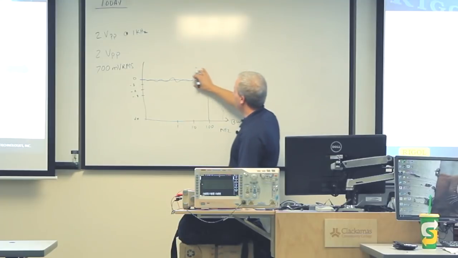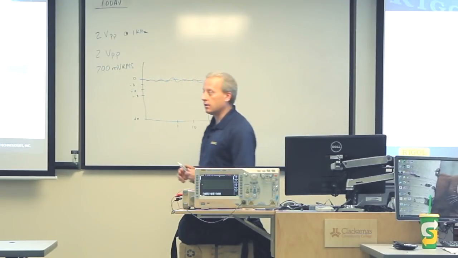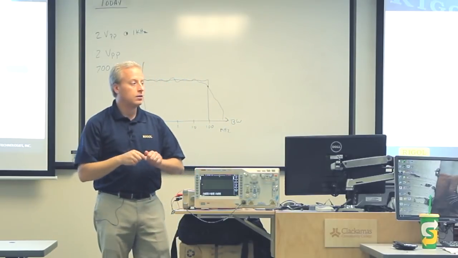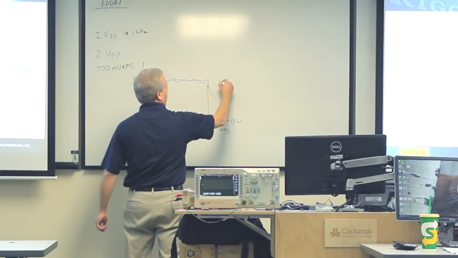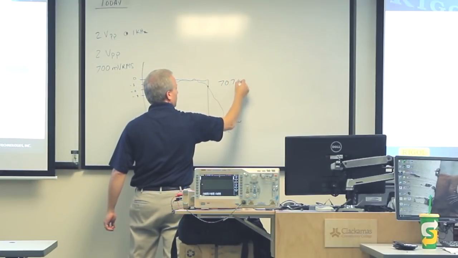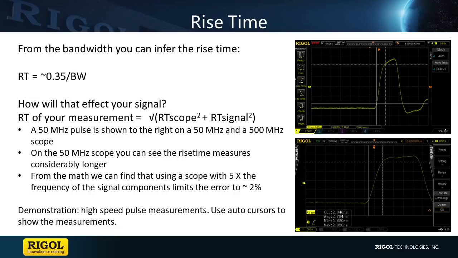So there's an error band here. But when you're thinking about that, you realize that 3 dB, when you're measuring voltage, is about 70.7% of the signal.